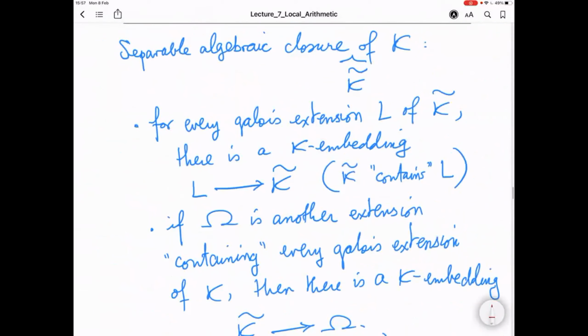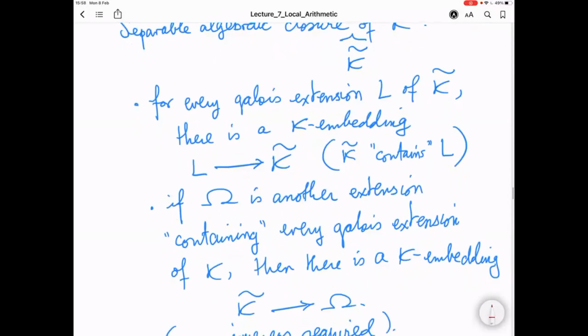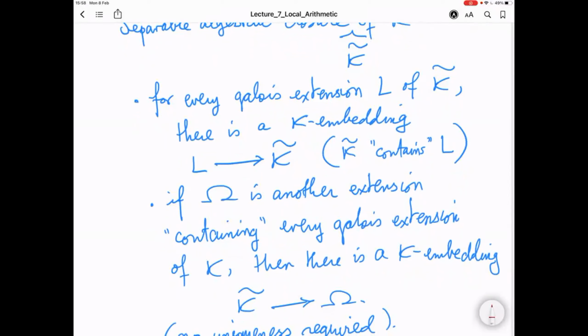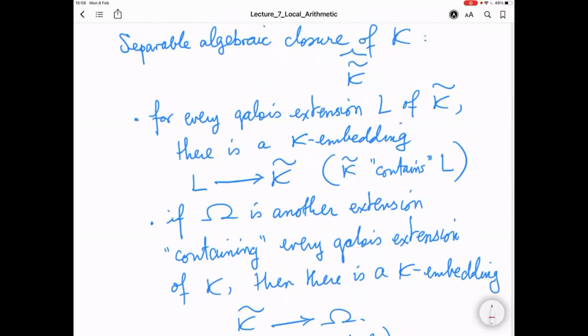Now, the separable algebraic closure of a field K, denoted K tilde, is, informally speaking, an extension of K which sort of admits an embedding from every Galois extension L. I'm calling it the separable algebraic closure of K, but it's in some sense the smallest extension containing, within quotes, every Galois extension of K.